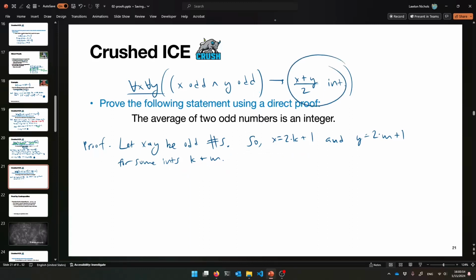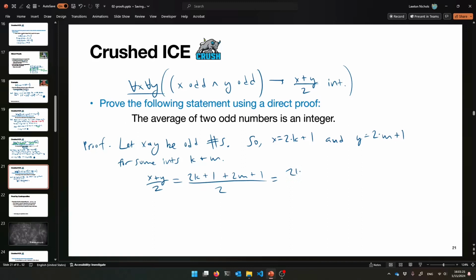And now we need to show that this is an integer. So x plus y over 2, we need to show that that is an integer somehow. Well, let's plug in what we know about x and y. X plus y is equal to 2k plus 1 plus 2m plus 1, over 2. Let's combine like terms.